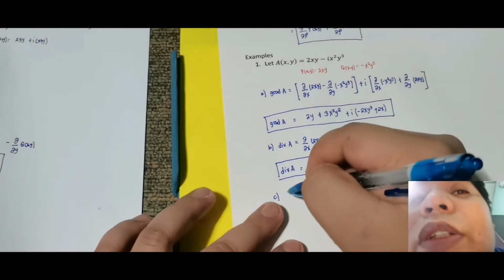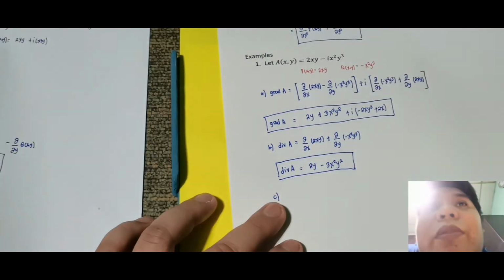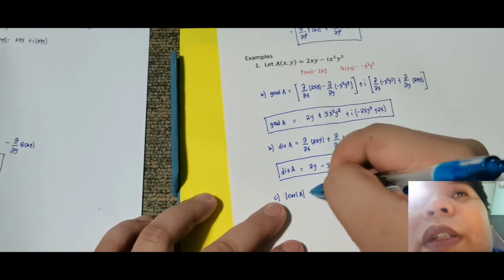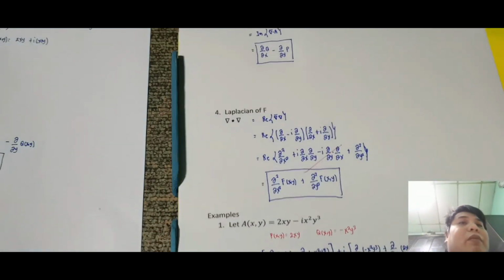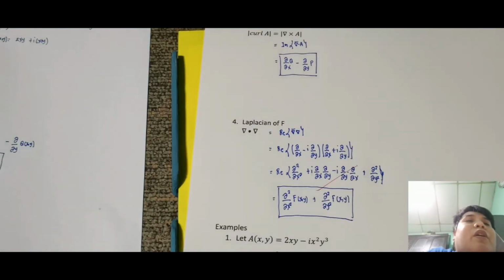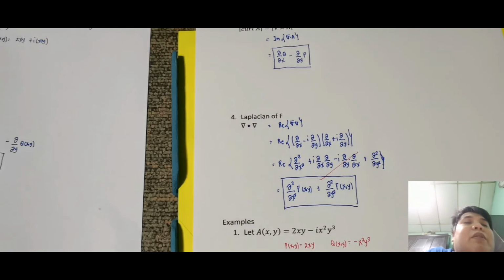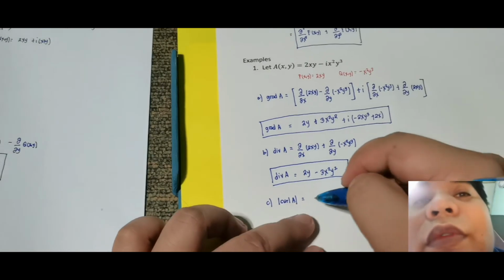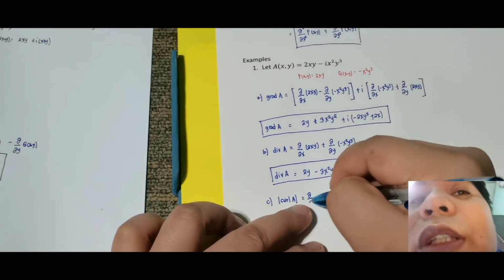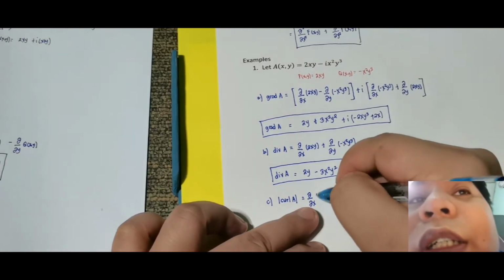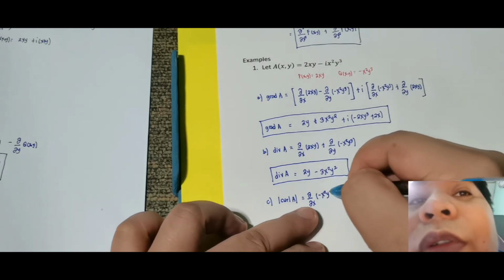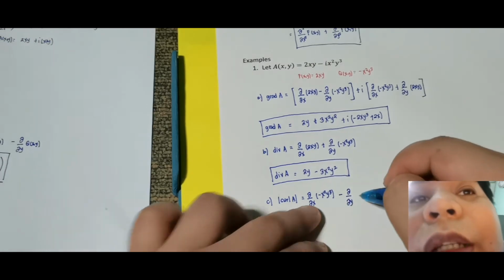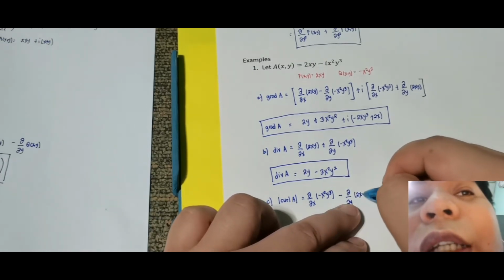Letter C, siyempre applicable dito si curl. So kunin natin yung curl, yung modulus ng curl. So yung modulus ng curl natin, curl of A, is equivalent lang dun sa formula: partial derivative with respect sa x ng Q minus partial derivative with respect sa y of P. So that is negative x squared y cube minus partial derivative with respect sa y naman ng P, which is 2xy.